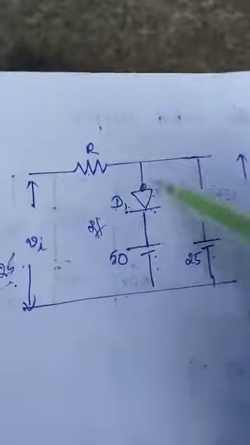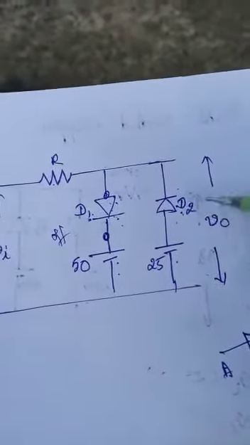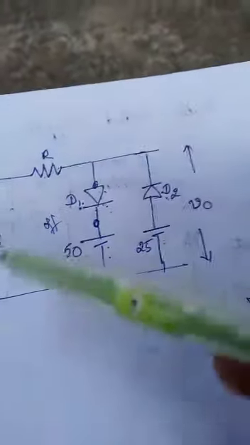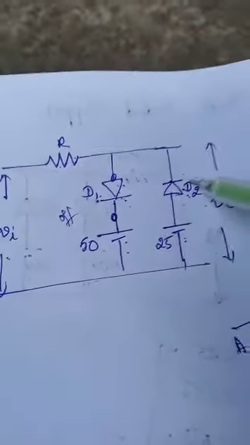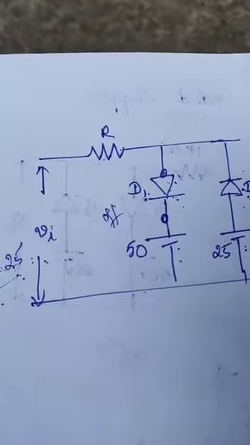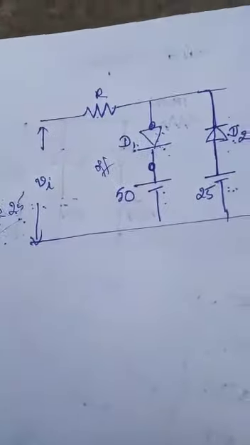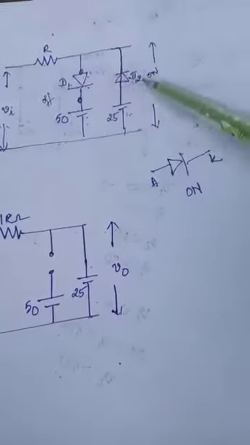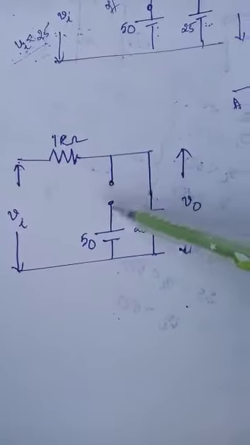So it is acting as an open circuit. Whereas for diode D2, the anode is connected to 25 and the cathode is connected through the resistor to Vi less than 25. So the cathode voltage is less than 25 whereas the anode voltage is 25. So diode D2 is in the on condition, acting as a short circuit. The equivalent circuit is shown below, with D1 in the off condition, acting as an open circuit, and D2 in the on condition.